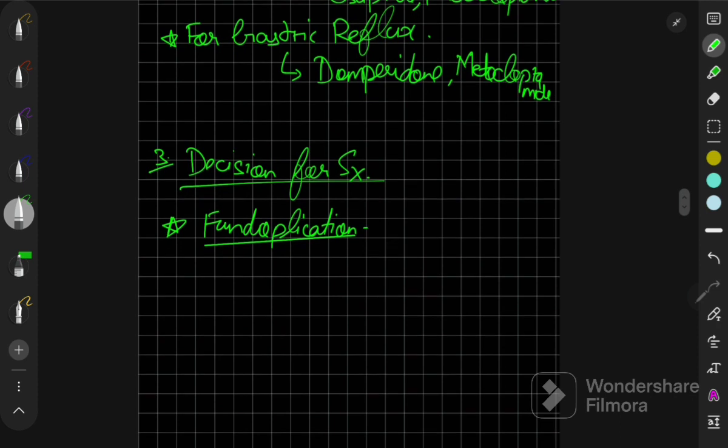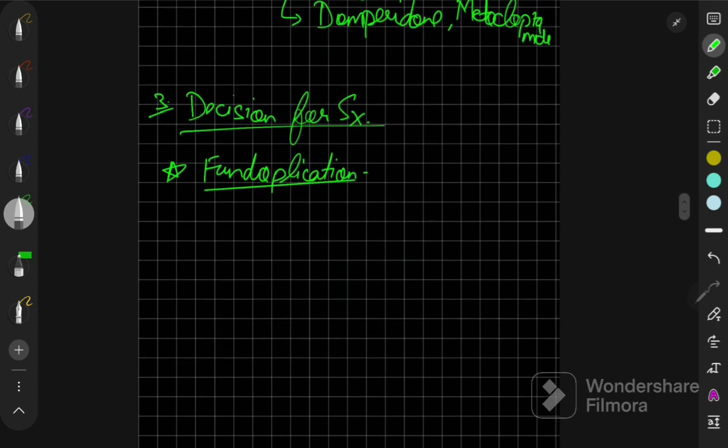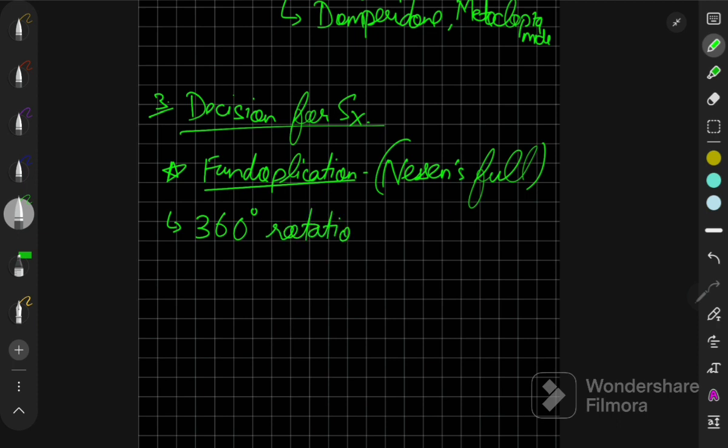In fundoplication, Nissen's full fundoplication, 360-degree rotation of fundus for 2-3 centimeter.